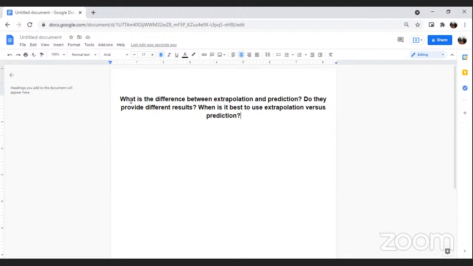Do they provide different results? When is it best to use extrapolation versus prediction? There are three questions. I'll be happy if you can answer two or more. So we've learned about interpolation and extrapolation, right?